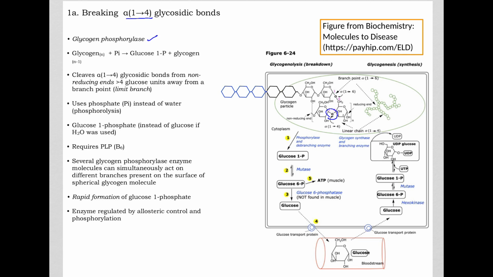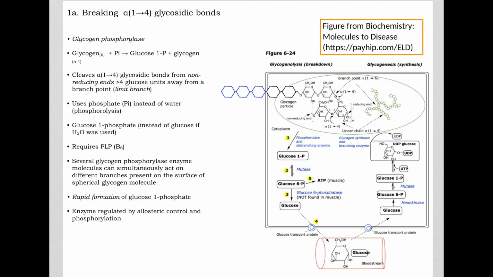This enzyme uses inorganic phosphate to break down the alpha-1,4 found in glycogen, and what you get is glucose 1-phosphate, and the glycogen is reduced by 1 unit. The product that we get is glucose 1-phosphate and not glucose because we are using inorganic phosphate to break down the alpha-1,4 bond.